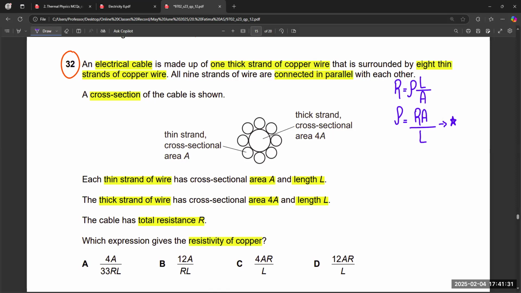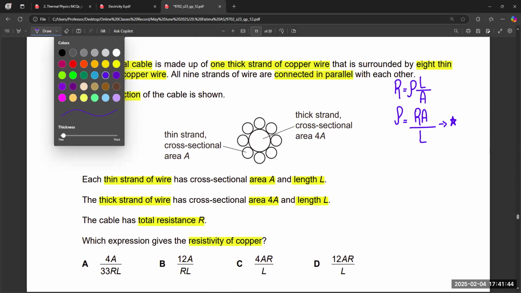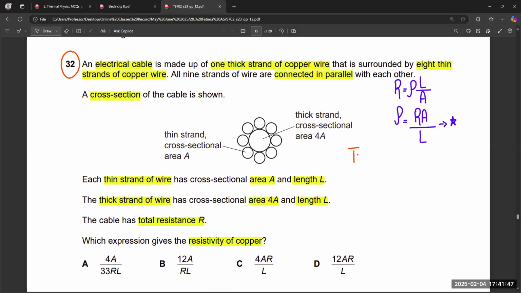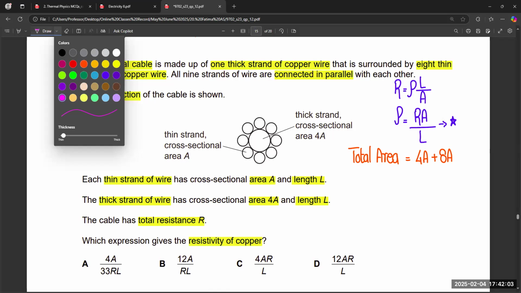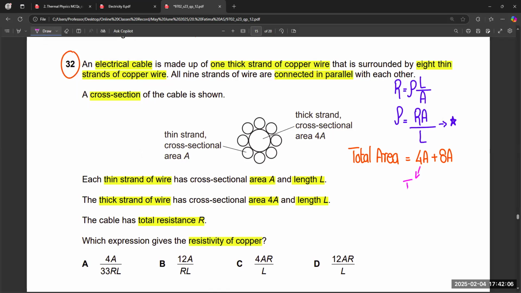So if we consider this whole setup as a single wire, the total area is equal to 4, and there are 8 thin wires. So the total area is equal to 4A plus 8A, because this 4 is for the thick wire, that is only one.